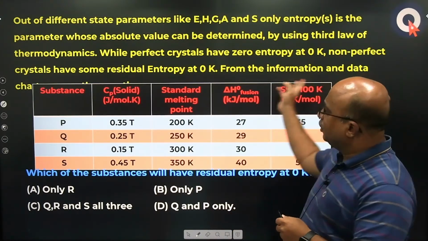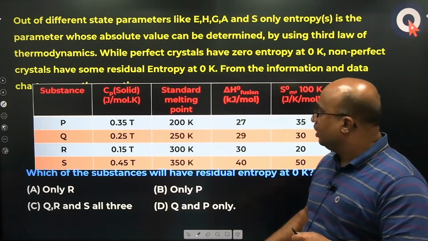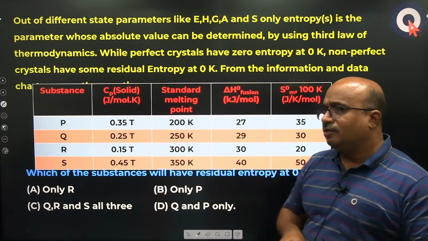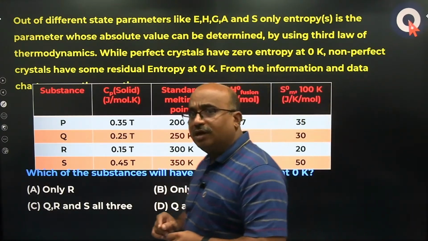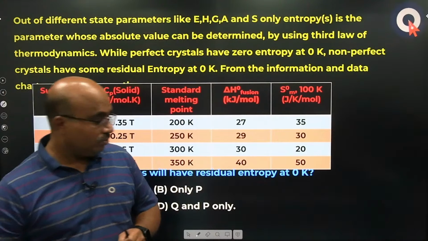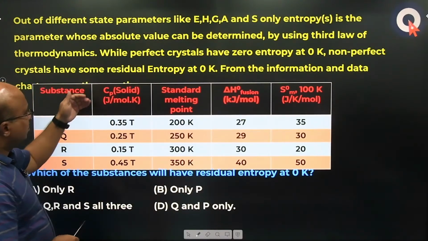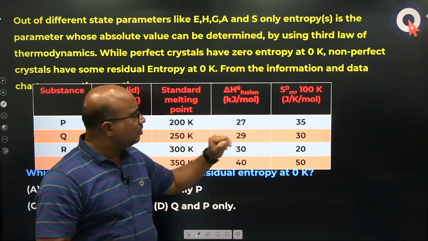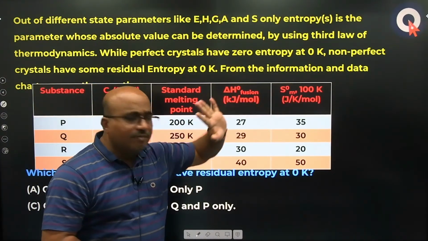So, using the data table here, try to see for which of the following substances there is a residual entropy at 0 Kelvin. He gave the Cp values, standard melting points, enthalpy of fusions, and the standard entropy at 100 Kelvin.